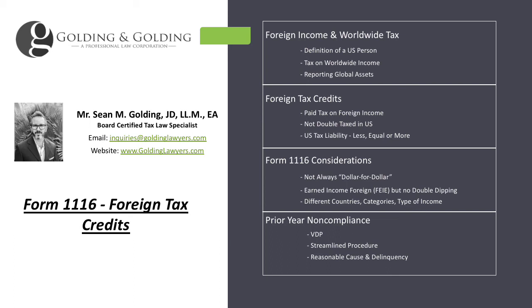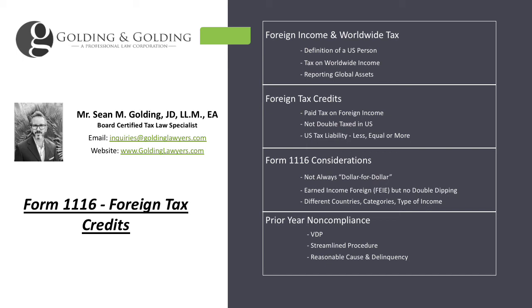If you're claiming foreign tax credits, there are different categories. So you have general, you have passive, within passive you have different categories, and treaty and things of that nature. If you're claiming the foreign earned income exclusion for earned income that you have, self-employment or, let's just say, employee income, you can still claim the foreign tax credit on that same income, but not on the same dollar.